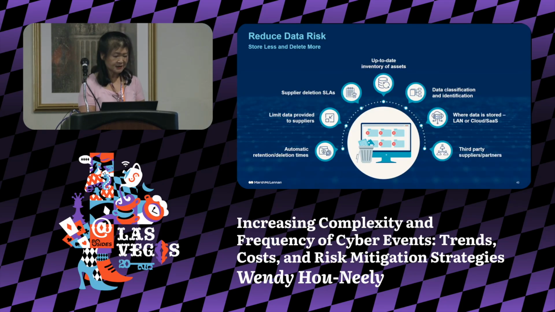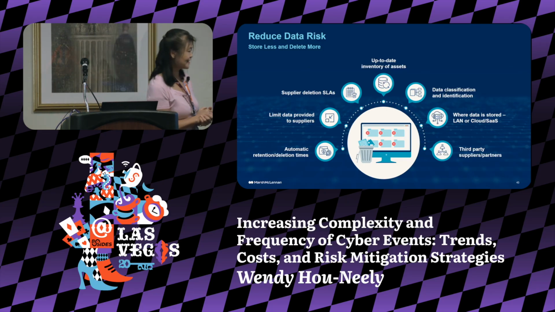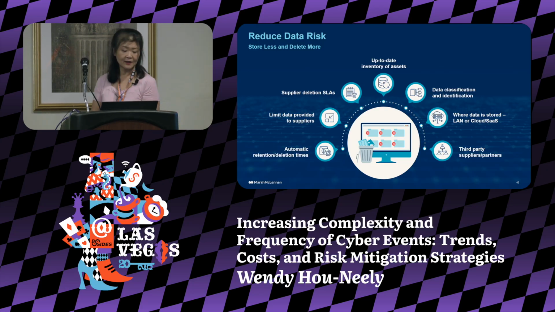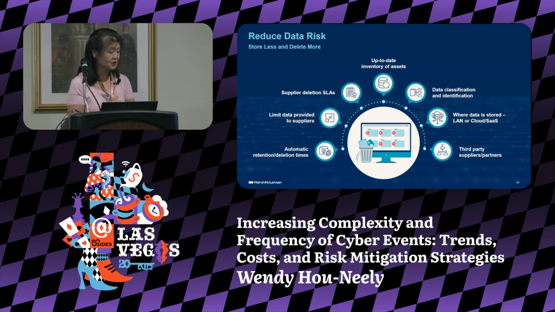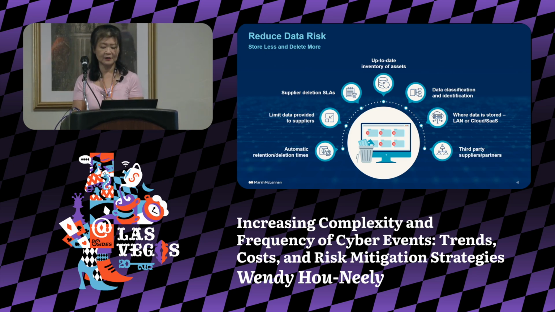Last but not least, again, reduce your data assets. Automate, delete, and limit data provided to suppliers. Make sure they have a deletion process. Inventory your assets and classify your data. New data coming in, classify it, apply privacy-enhancing technology to it, and set it up right so that you mitigate your costs.